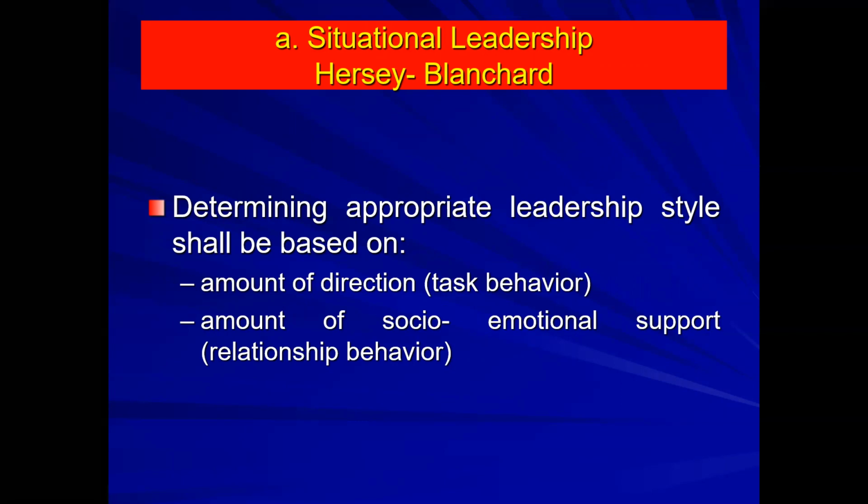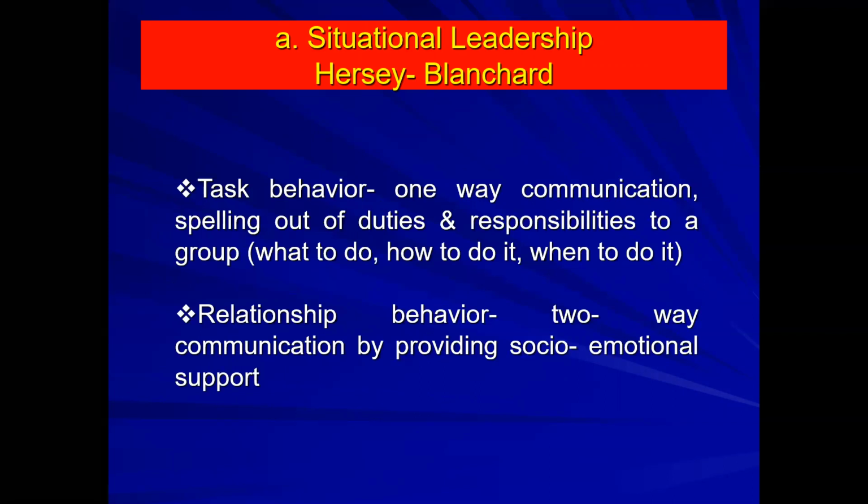Okay, wherein determining appropriate leadership style shall be based on the amount of direction or the task behavior. Okay, so at the same time, there should be an amount of emotional support or the relationship behavior as well. Okay, so also included is the task behavior, one-way communication, which spells out the duties and responsibilities of the group.